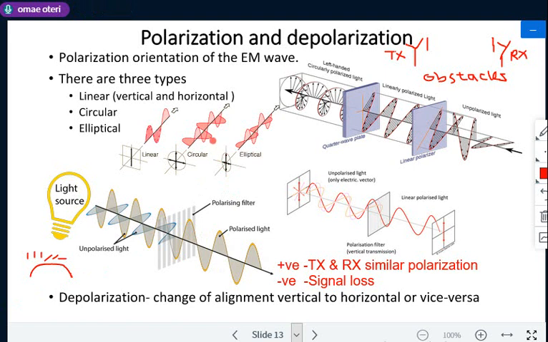In most cases, what happens is the change of orientation of your signal, and that way you're not able to receive it. How do you think you can solve this? What can you do to solve such a problem so that you're able to receive your signal properly?